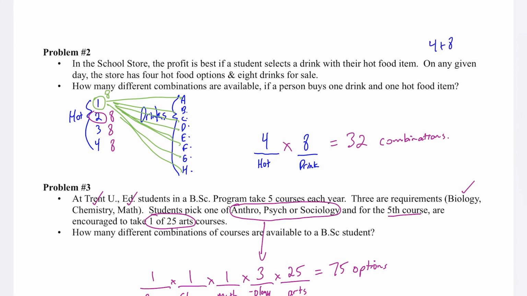That's 4 plus 8. Because you could only pick either hot item 1, 2, 3, or 4, or drink A, B, C, D, E, F, G, H. Whereas on the flip side, the question's different because you're choosing a hot food item and you're picking a drink. So now you had 2 things that you could choose from.